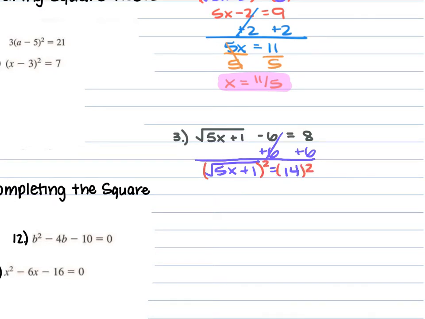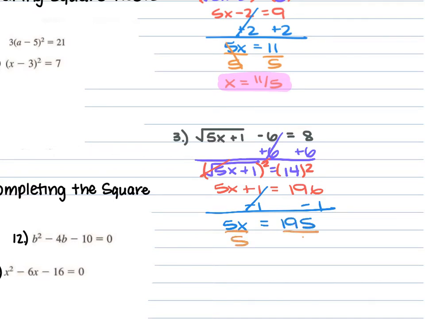So this is going to leave us with 5x plus 1 is equal to 196. From here, we are going to take that 1 and move it over by subtracting it from each side. So we get 5x is equal to 195. And then we divide by 5 on each side to get x is equal to 39.